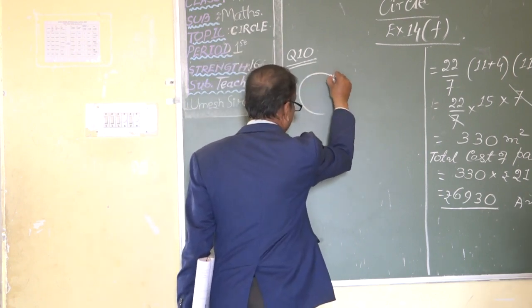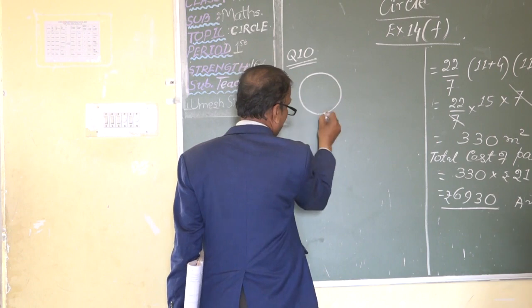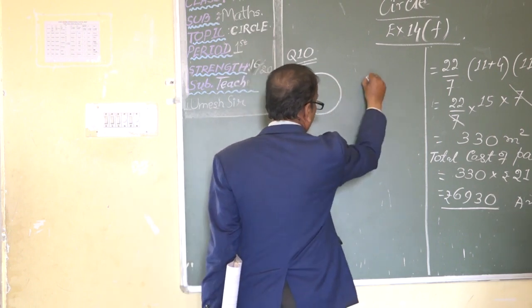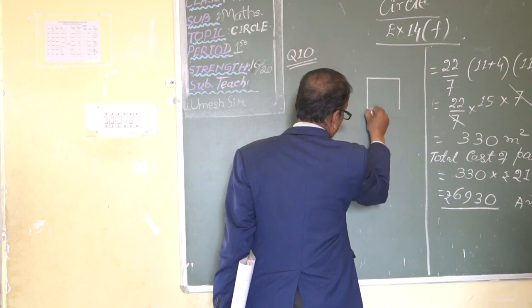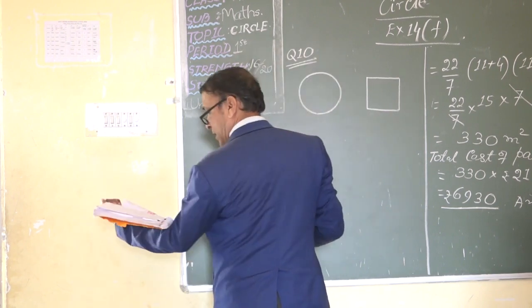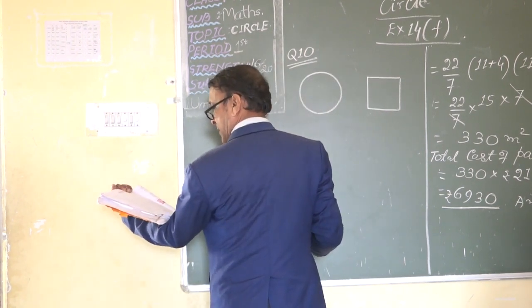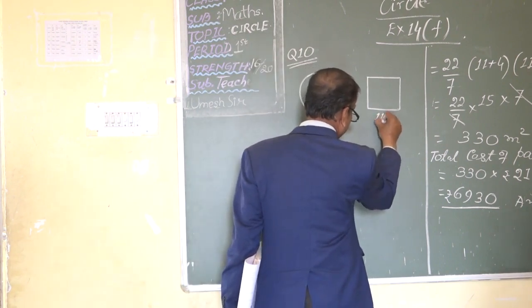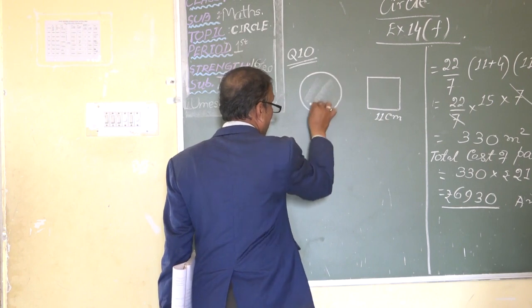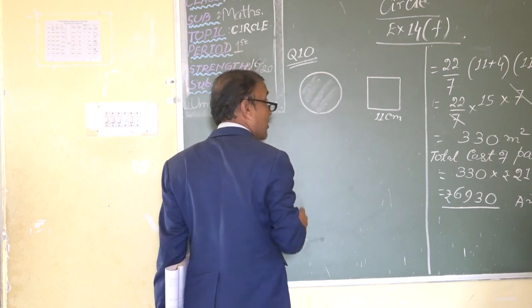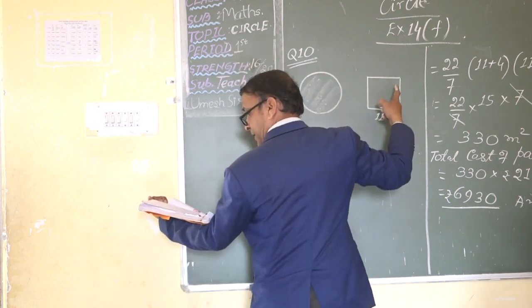Yes, the question is that one circle is there, one square is there, and each side of the square is given as 11 centimeter, and it is asked what is the area of this one.